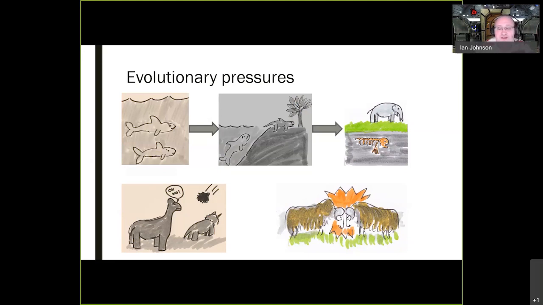If you've got predator and prey, the cheetah and the gazelle, for example, then competition between those becomes quite intense. They both want to run fast because if the cheetah runs faster, it's more likely to catch them. So the gazelle wants to run faster than the cheetah.